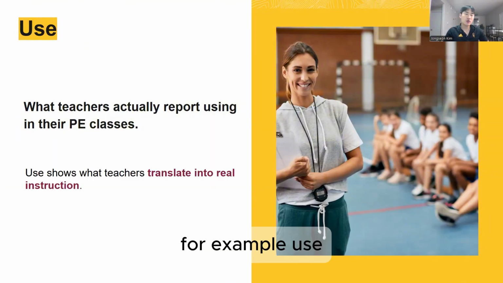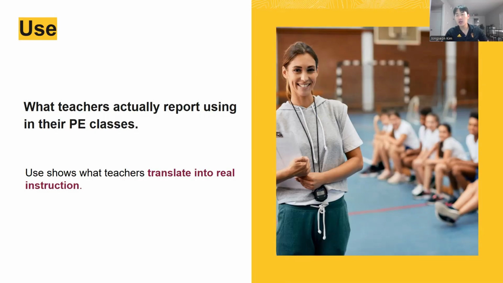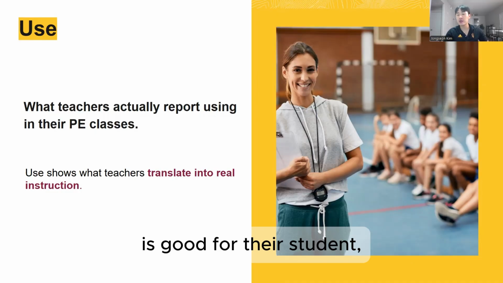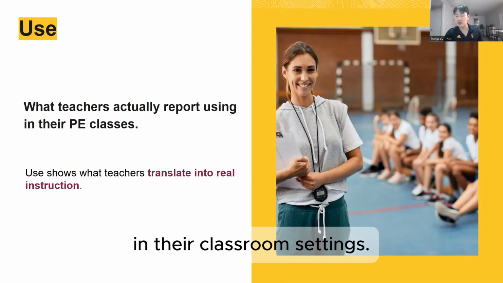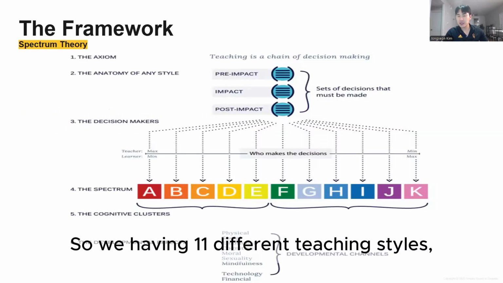For example, use shows what teachers translate into real instruction. So if a teacher believes teaching style A is good for their students, the teacher can use this teaching style in their classroom settings. We have 11 different teaching styles.